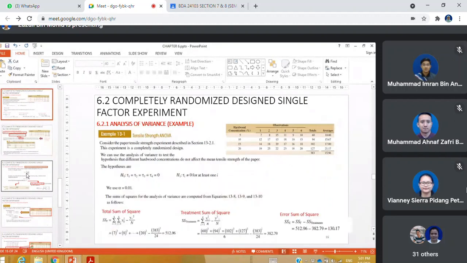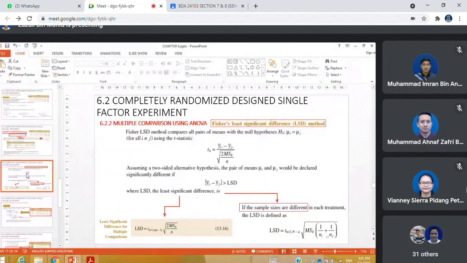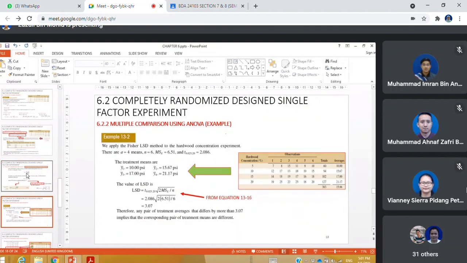And then how we calculate the t, and how we can get the least significant difference, the LSD, for multiple comparison. We can also see how we do the experiment or analysis using multiple comparison with the ANOVA.